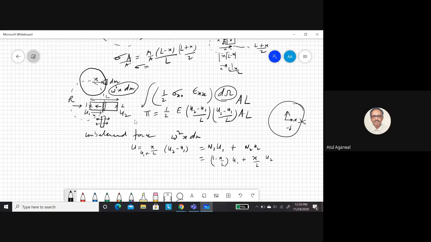So what is the work done by this unbalanced force? There is a net force on this element given by this. What is the work done by this net force?